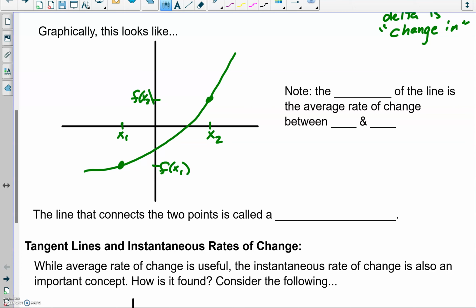For the average rate of change, you're really looking at the slope of the line that connects those 2 points. So the slope of that line is the average rate of change between x1 and x2. And furthermore, the line that connects those 2 points is called a secant line. So in a graph, when you're connecting 2 points, you can think of that as the secant line.